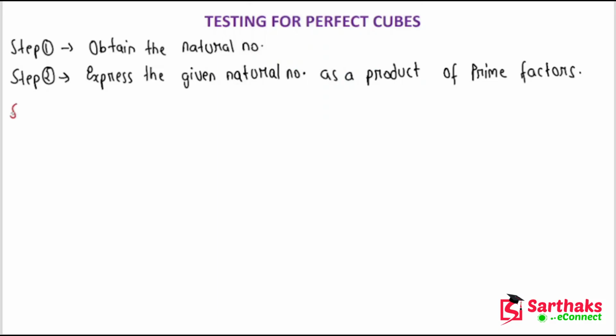What is step number 3? Third step says, now this is an important step, as in the case of squares we did some pairs, here we have to form triplets.